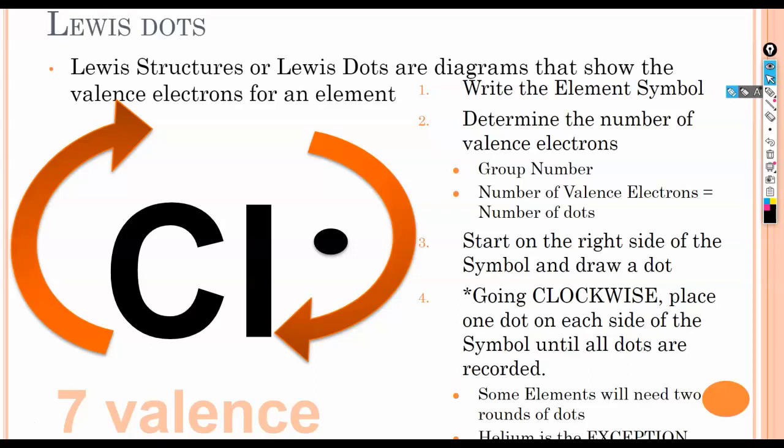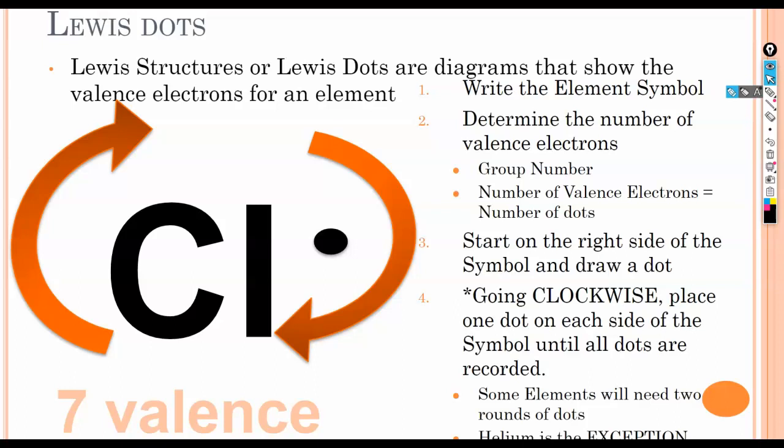Okay, so rule number 1, you start by drawing the element symbol. For example, here they wrote Cl. Number 2, you figure out how many valence electrons there are based off of the group number. Because chlorine is in group 17, it has 7 valence electrons.